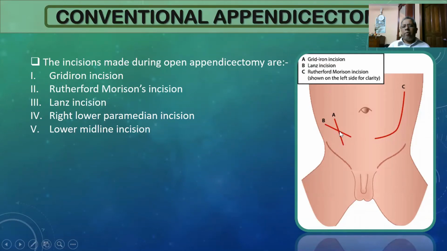After exposing the external oblique, retract with the Langenbeck retractor. Look inside, there is the internal oblique muscle. Then look further inside, there is the transversus abdominis. Both muscles are split with mosquito forceps or artery forceps, and the splitting is done in the opposite direction, so that it looks like a gridiron. For that reason, the name of the incision is gridiron incision.